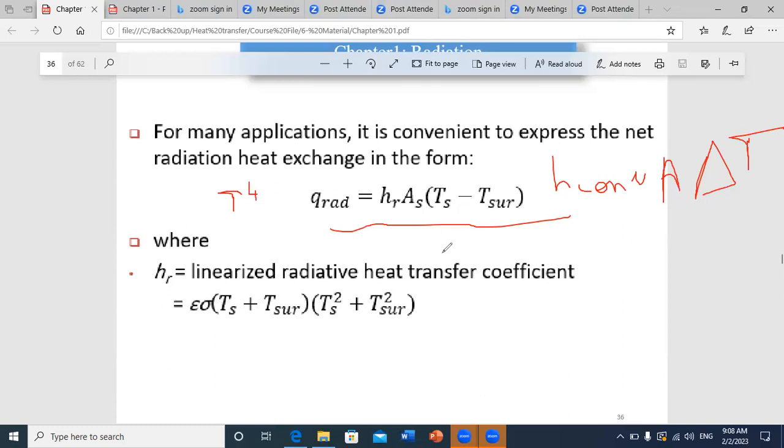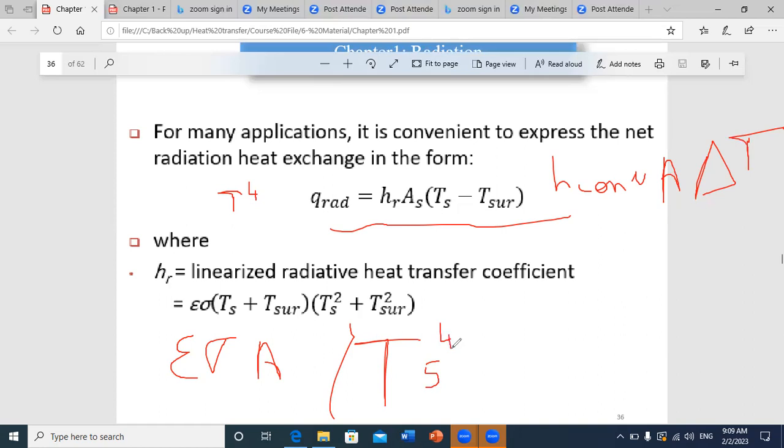That's why, to linearize the radiation heat flux without compromising the accuracy of its expression, you can play a little with the formula. We have seen together that we can write the rate as epsilon times sigma times area times (T surface to the power 4 minus T surrounding to the power 4).